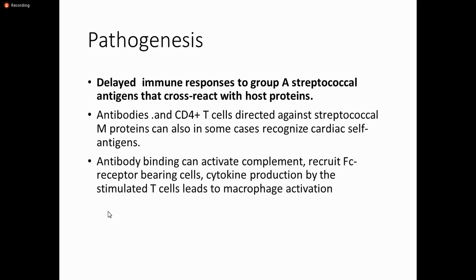So cross-reactivity of M protein antibodies and sensitized CD4 positive T cells directly cross-reacts with cardiac muscle and kidney cells, producing an inflammatory response at the site of the heart and kidney.